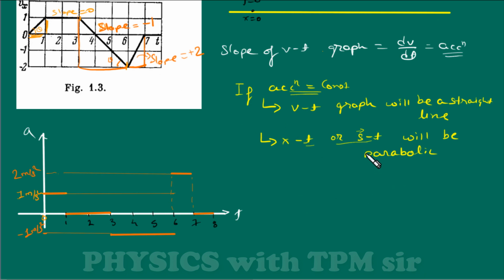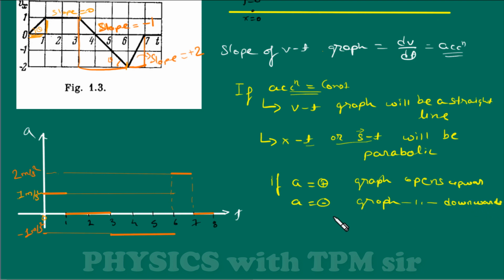Now what I want to say: when we plot the x-t graph, you must remember that if a is positive, then the graph opens upward, and if a is negative, then the graph opens downward.